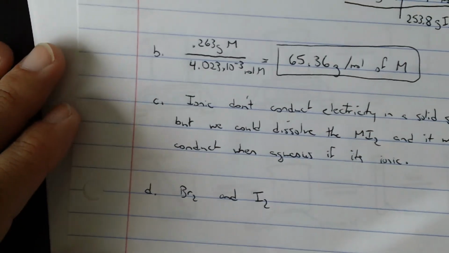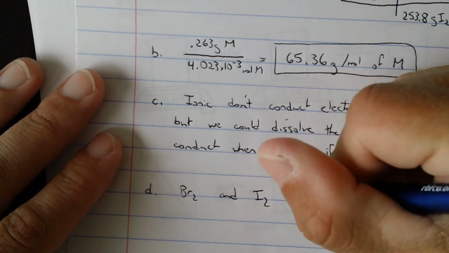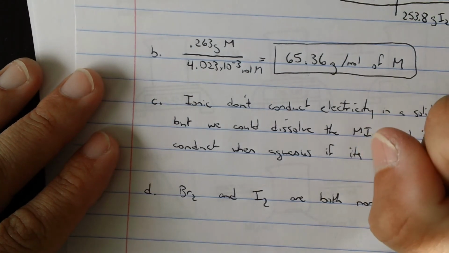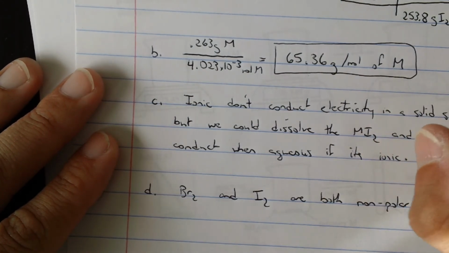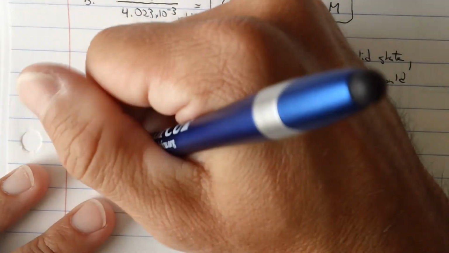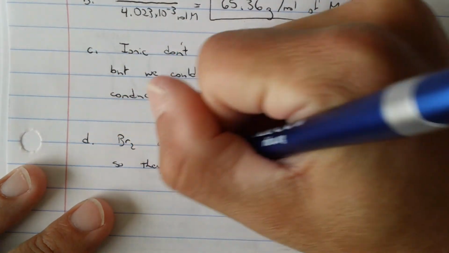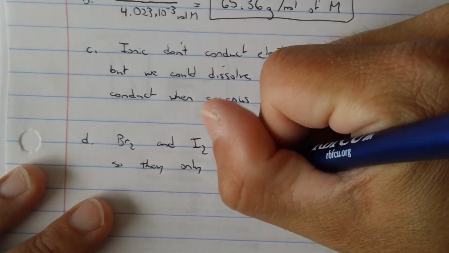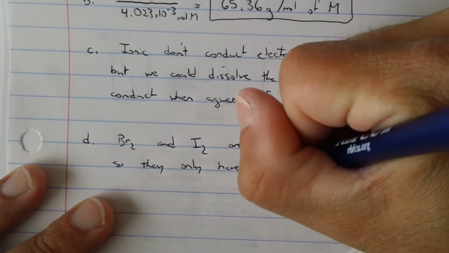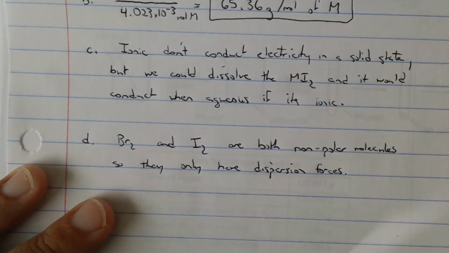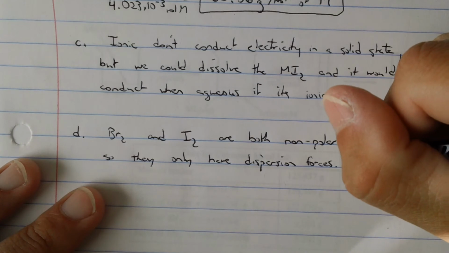Bromine and iodine are both nonpolar molecules. So they only have dispersion, or London dispersion, forces. Period.